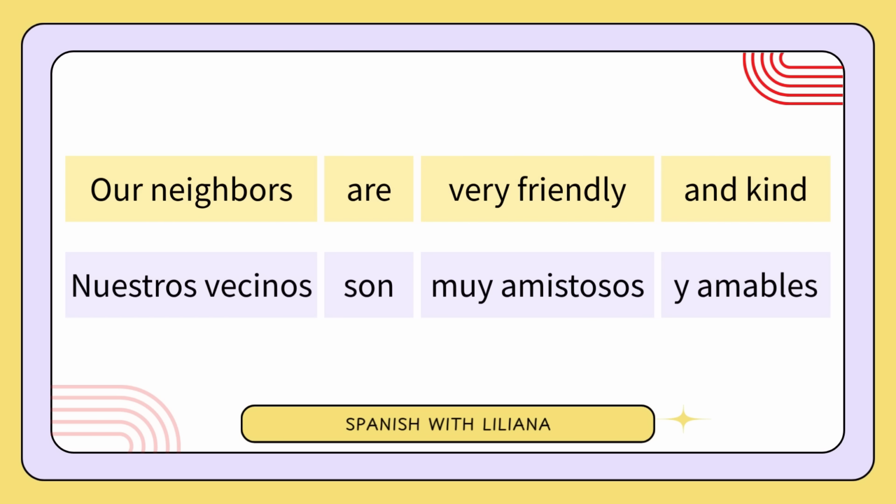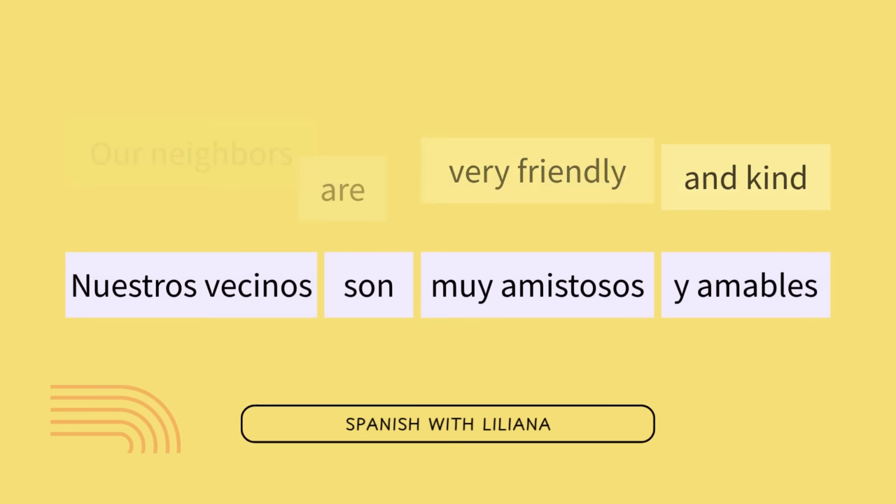If we had used nuestras vecinas, our female neighbors, we would need to change amistosos to amistosas to match the gender. Nuestras vecinas son muy amistosas y amables. Amables stays the same. Usually adjectives that end with the letter E stay the same for both genders. Nuestros vecinos son muy amistosos y amables.